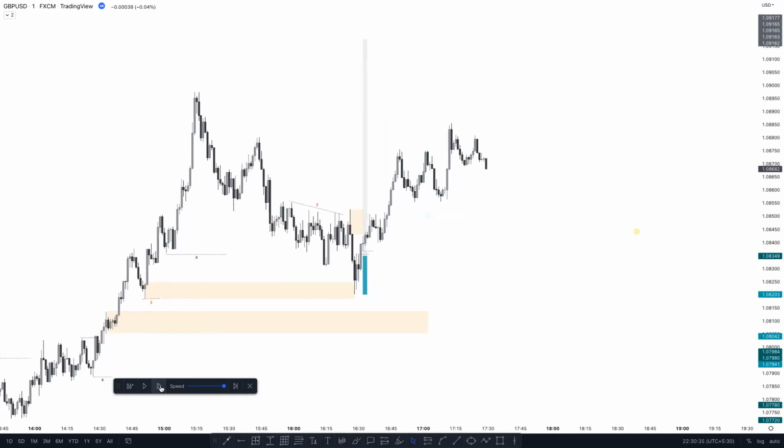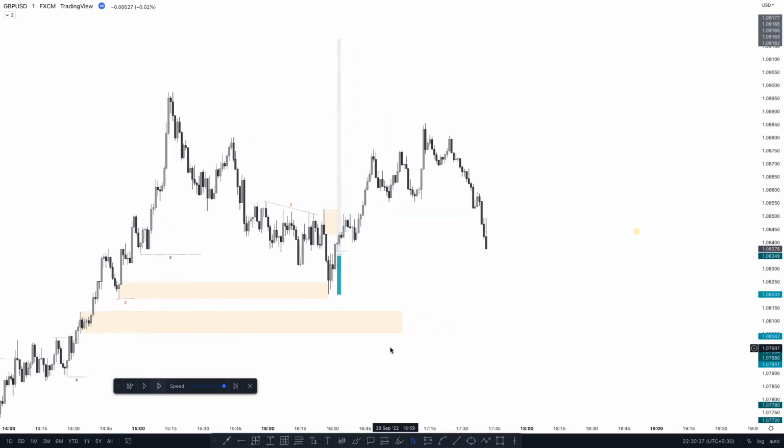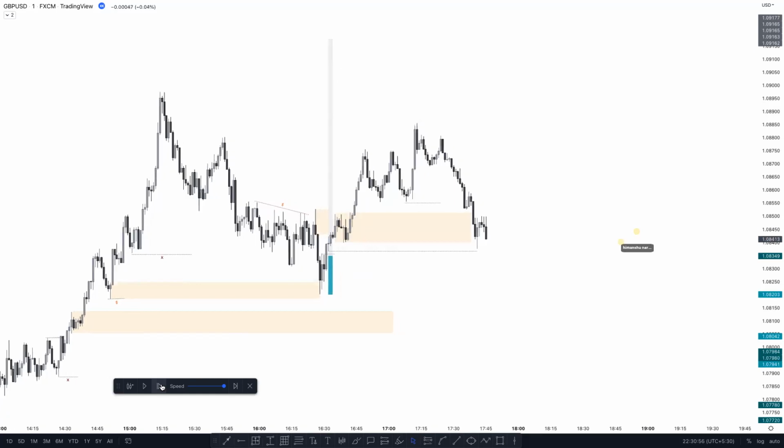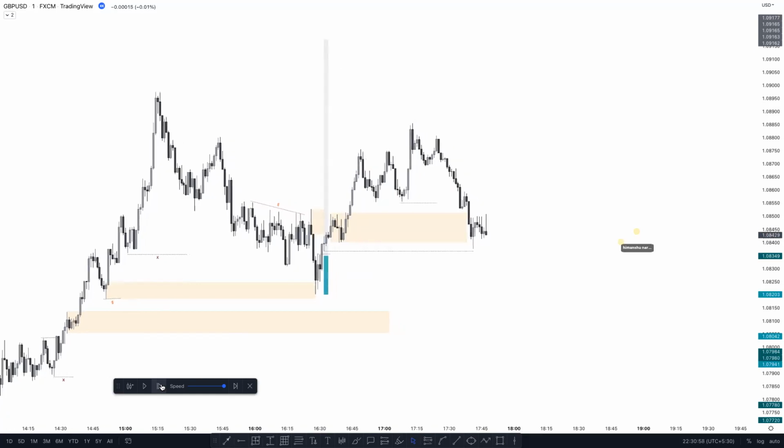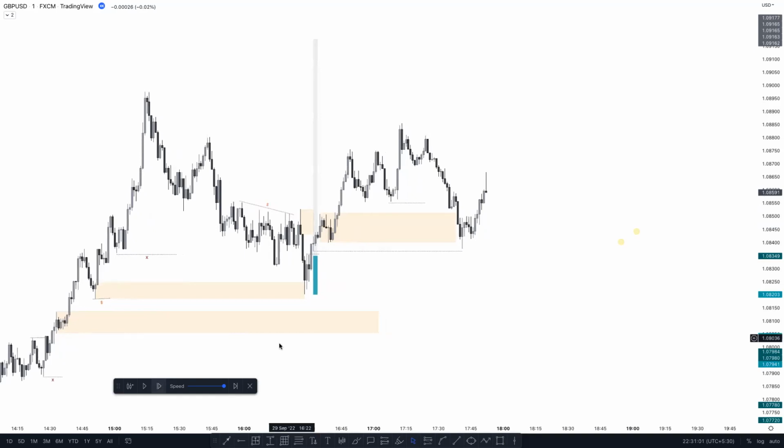Now you have to wait for the inducement to be taken out, then we can buy. Which one? This one, inducement, and this is our, okay, but there are no confirmation entries here. Still no. Let's see. Okay, minor shock is here.